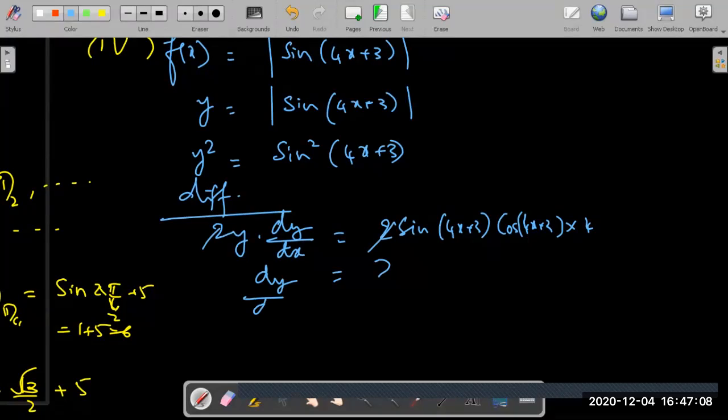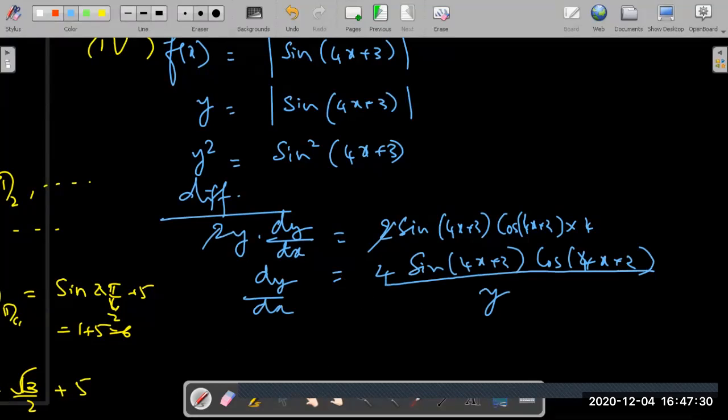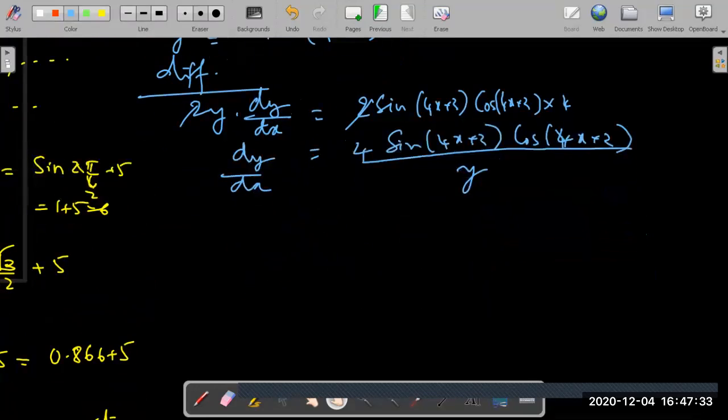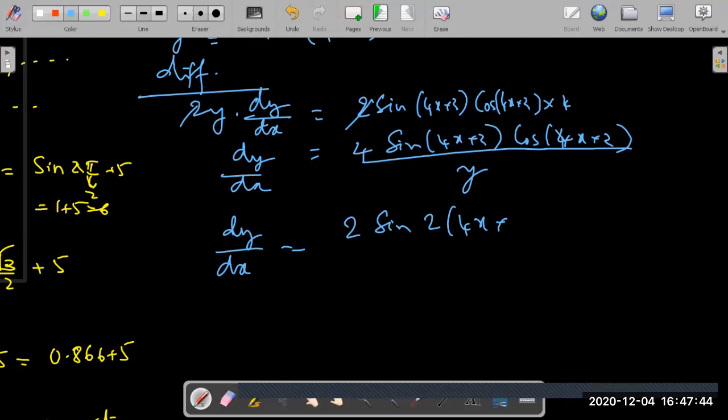You have dy by dx equal to sine 4x plus 3 cos 4x plus 3 multiplied by 4, divided by y. This can be written as 2 into the remaining thing, which will be sine of 2 into 4x plus 3, using the sin 2a formula, divided by y.